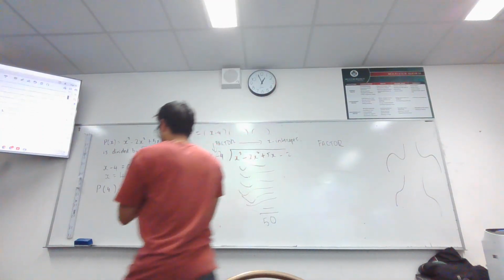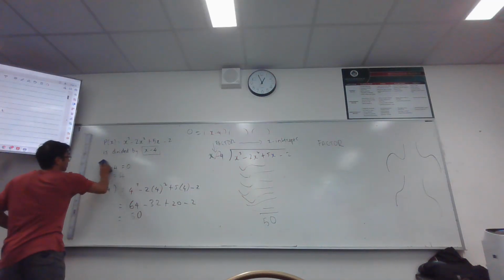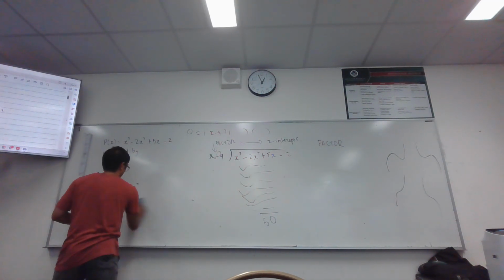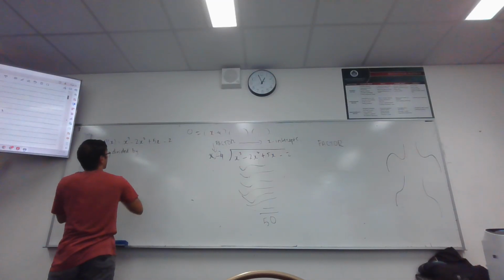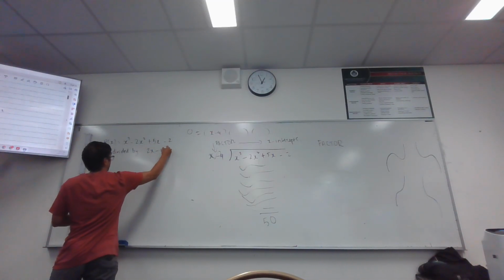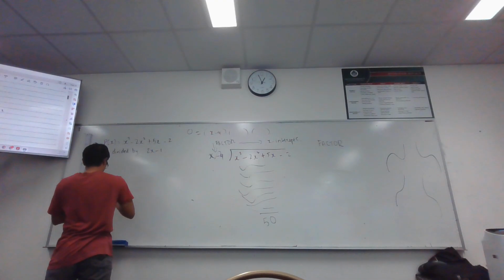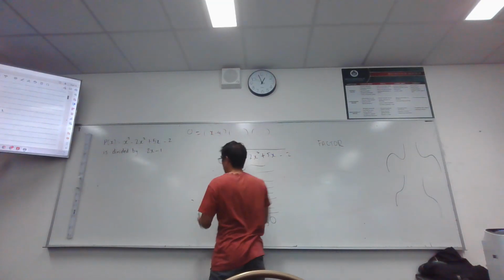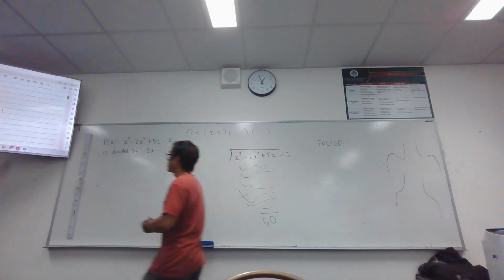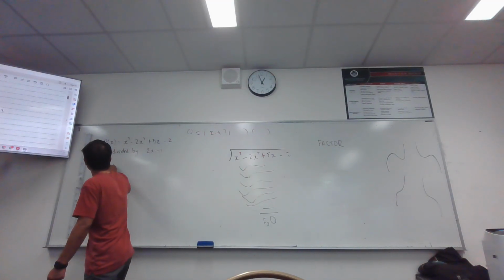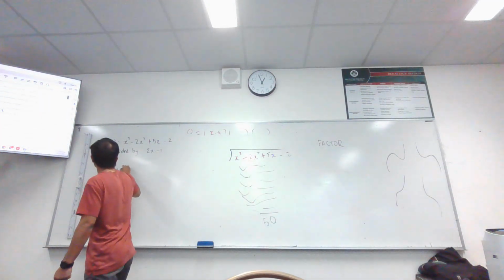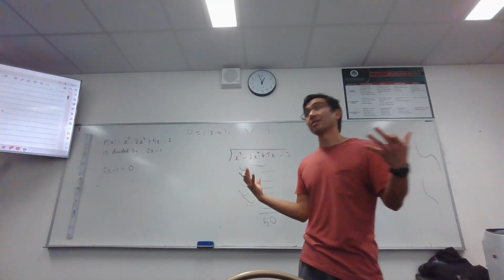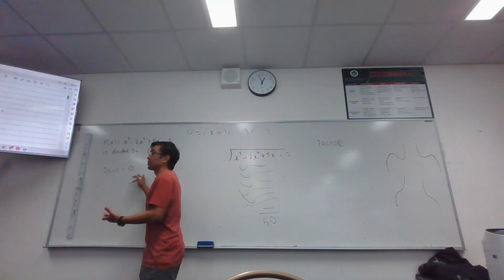We're going to do the same thing here. Instead of x minus 4, we're going to look at 2x minus 1. So if I do 2x minus 1, I'm going to make this possible factor equal to 0.